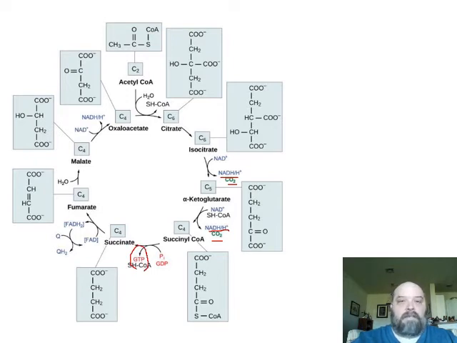GTP, kissing cousin of ATP, does roughly the same thing. It's just not found in as great a concentration in our cells. FADH2 does the same as NADH. It escorts an excited electron to phase 3, oxidative phosphorylation.